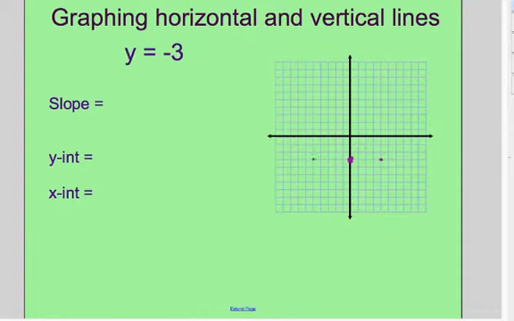And when x is positive 8, it's going to be -3. So it doesn't matter what your x is, y is always going to be -3, and that creates this horizontal line which goes side to side.